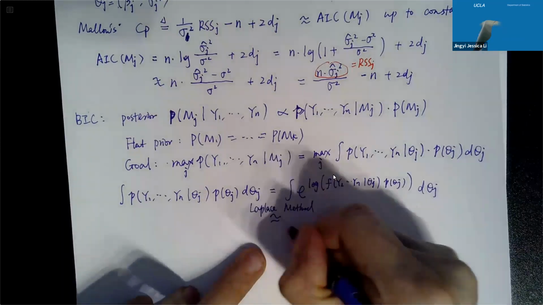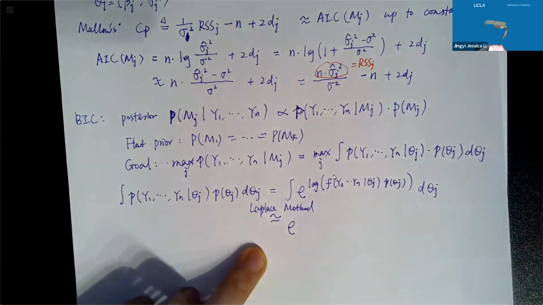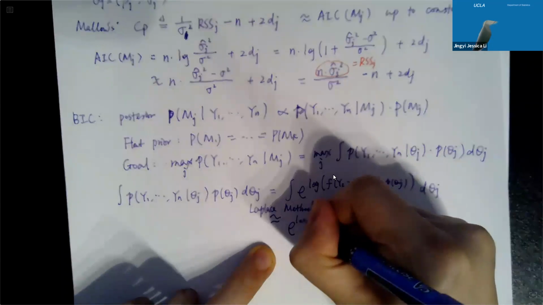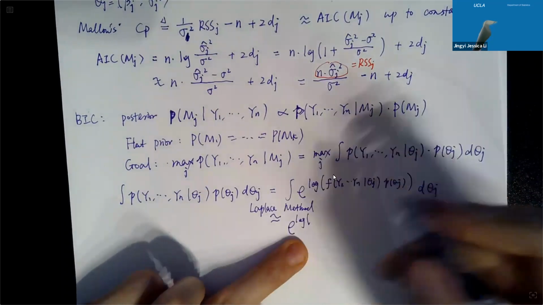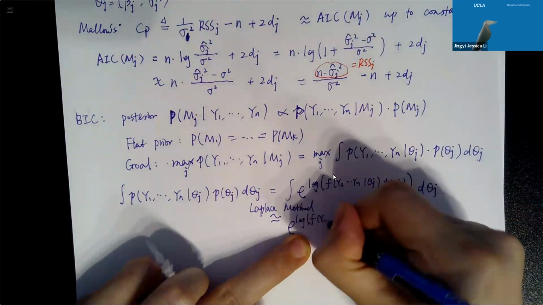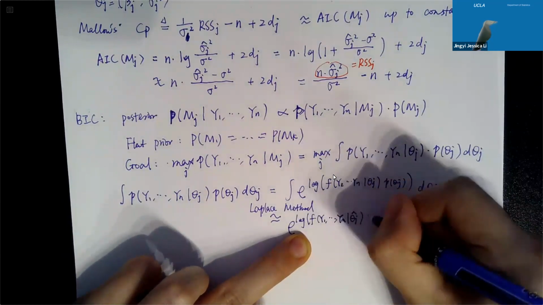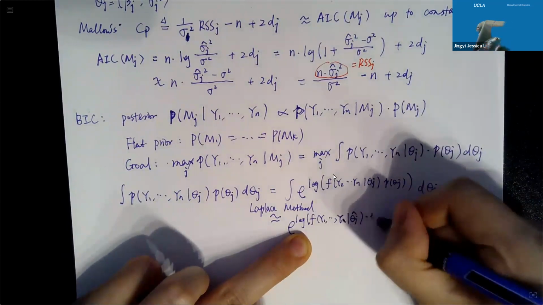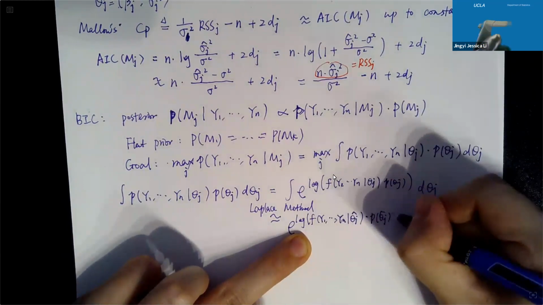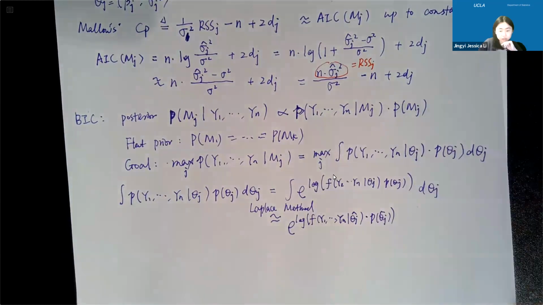So we can say this gets out as the log of these two things, f of y1 to yn at theta j hat times p of theta j hat. That's the first term we get out. And what we have left is the normalization constant that comes from the Gaussian density integration.